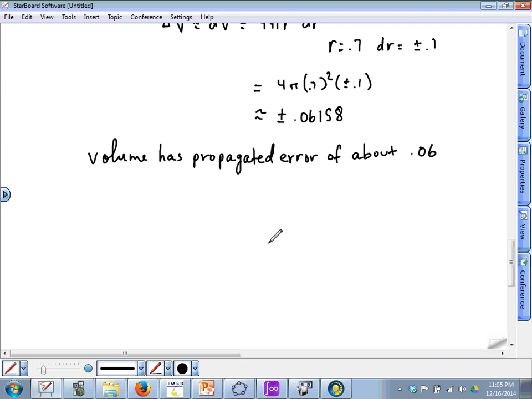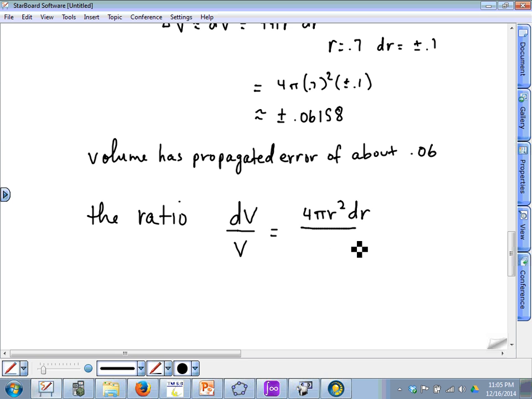So just kind of extending this problem here a little bit. Talk about the ratio dV over V. So dV, remember that was 4 pi r squared dr. The volume of a sphere is 4/3 pi r cubed.